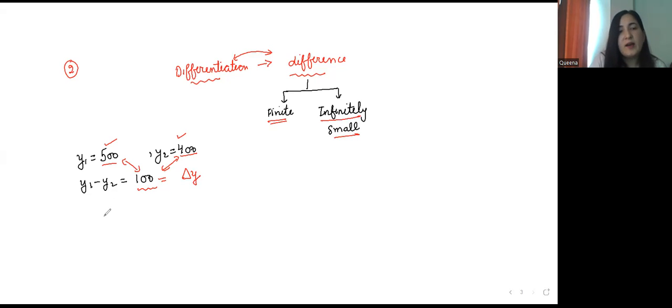So again, I can take an example of two values of y. y1, let us say, is equal to 10 and y2 is equal to 9.999 and so on. So if I do the difference again, y1 minus y2, it is 10 minus 9.999 and so on.